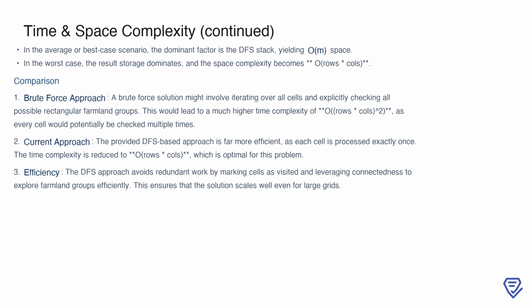This would lead to a time complexity of (rows*cols)^2, as many cells would be revisited unnecessarily. In contrast, the DFS-based solution optimizes this by processing each cell only once. By marking cells as visited and exploring connected groups efficiently, the time complexity is reduced to O(rows*cols), making the solution far more efficient and scalable for larger grids.